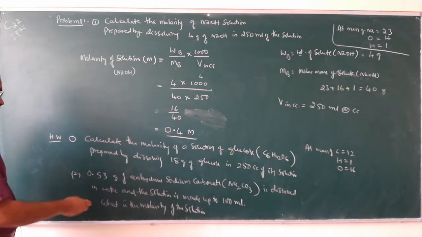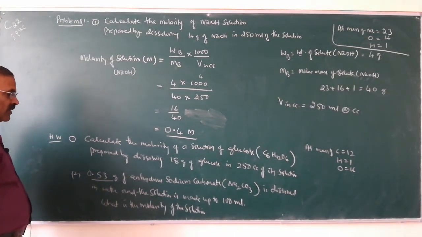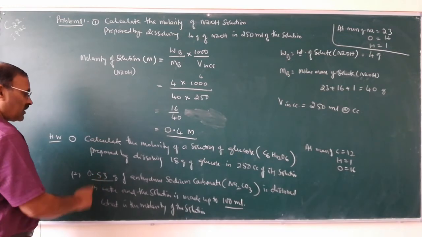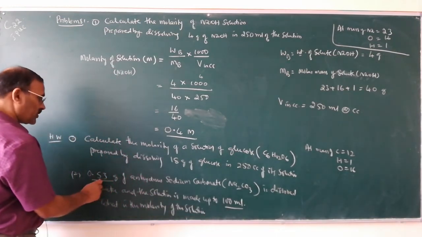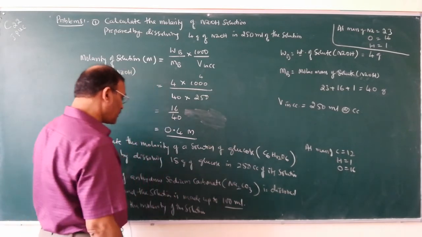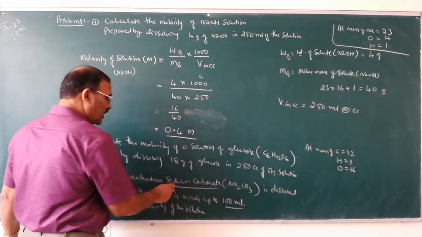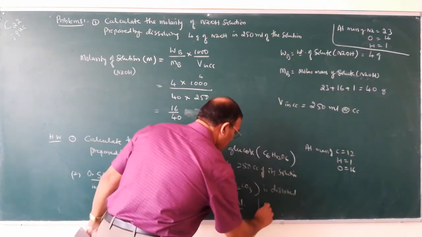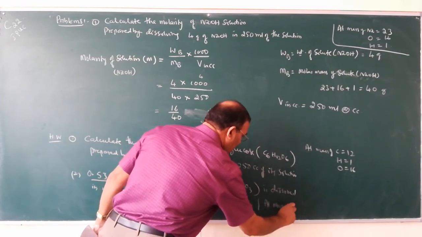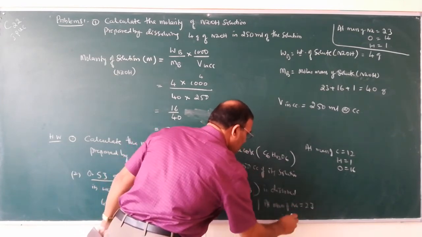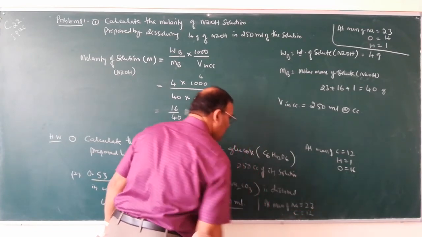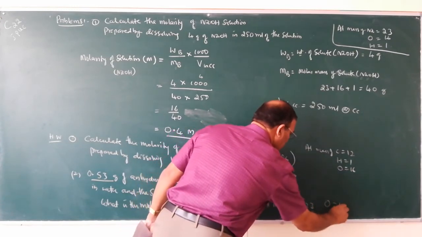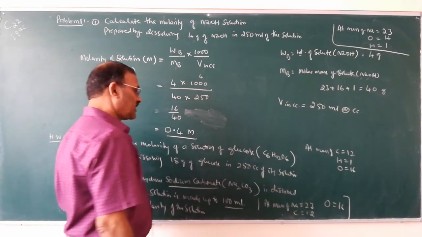So here also the weight of the solute is given, and this is the volume of the solution. You have to calculate the molar mass of sodium carbonate using the formula Na2CO3. For this, atomic mass of sodium equals 23, carbon equals 12, and oxygen equals 16.